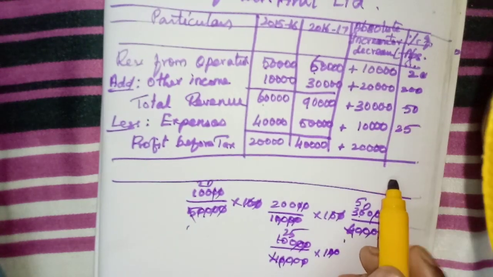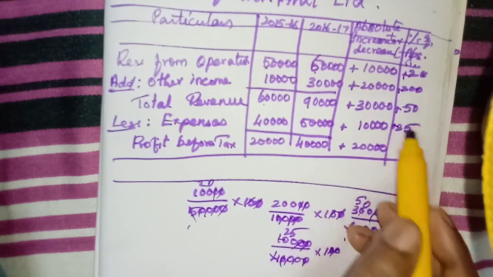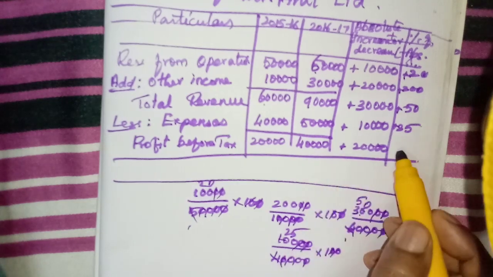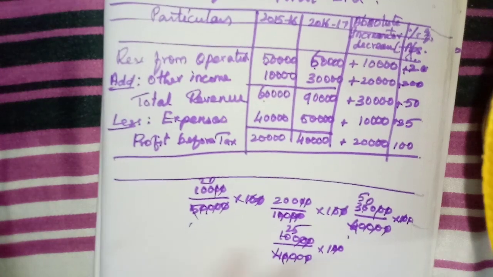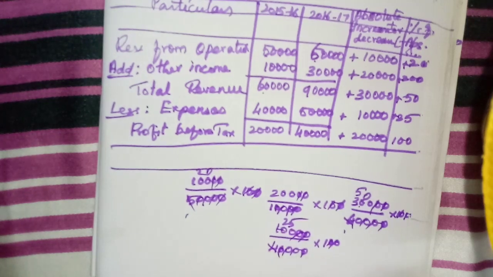Then we have to write plus, everywhere plus. Then for 20,000, 20,000, so 100. That's all you have to calculate. For this they may ask 5 marks also or 3 marks.